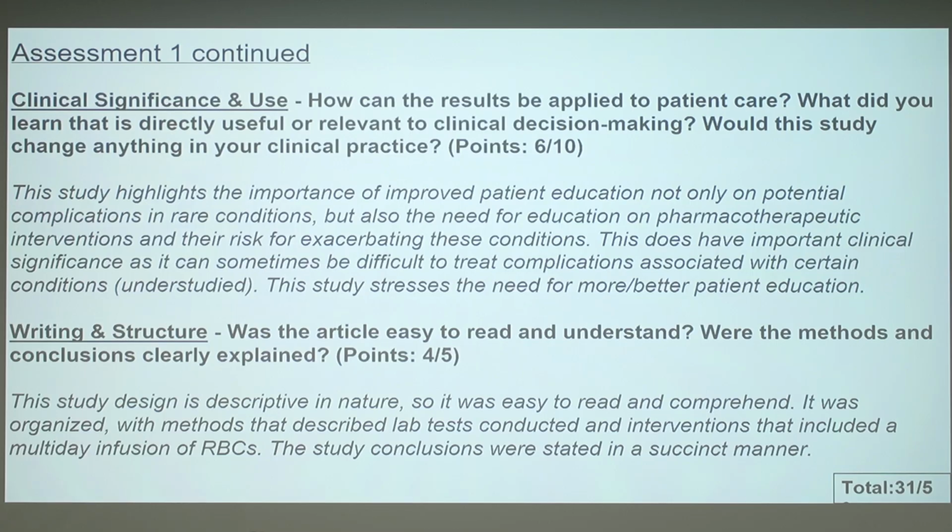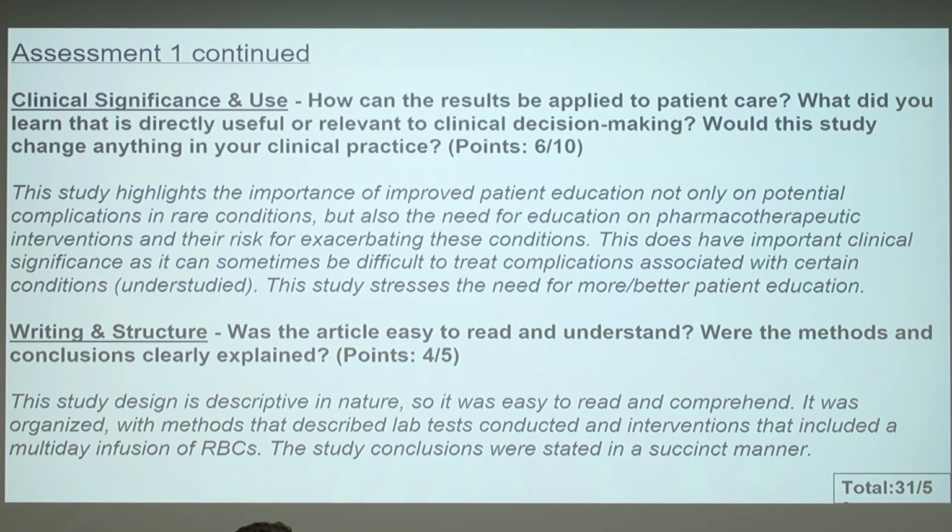I put that this does have important clinical significance because it's sometimes difficult to treat complex, unique conditions. So even though it can't be generalized to a population as a whole, it does provide utility to the area of medicine, because this can happen to people even though it rarely happens, because you're dealing with a rare condition.